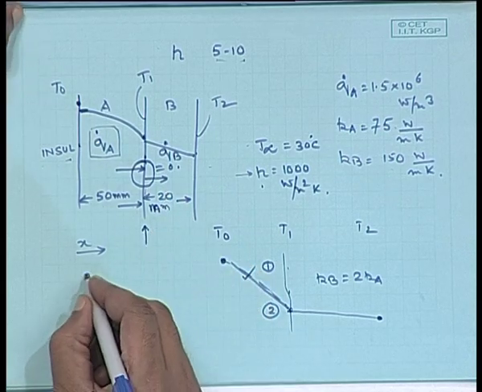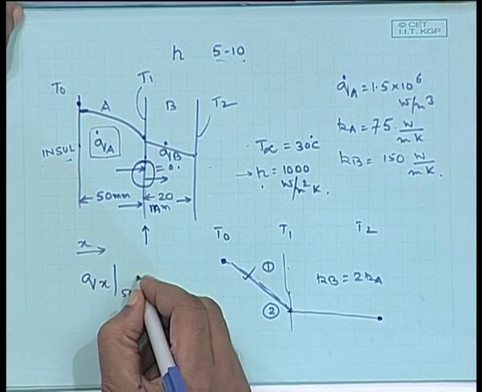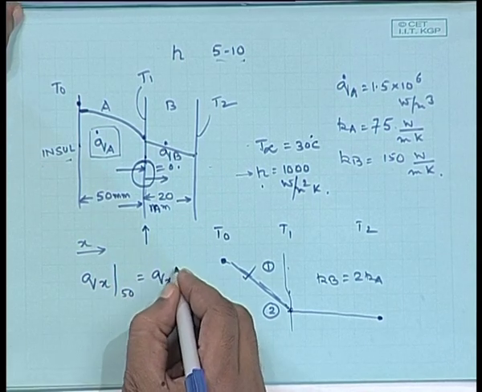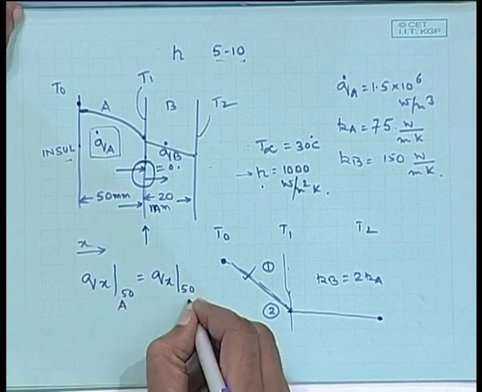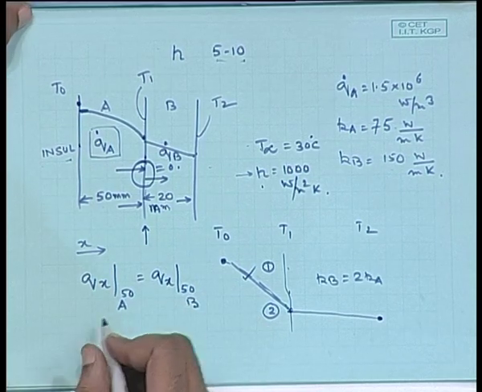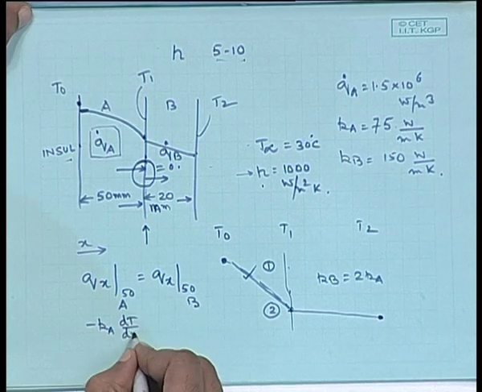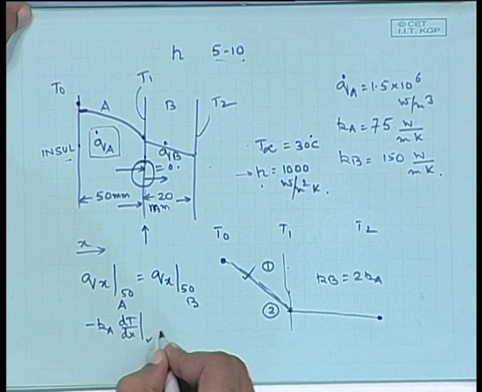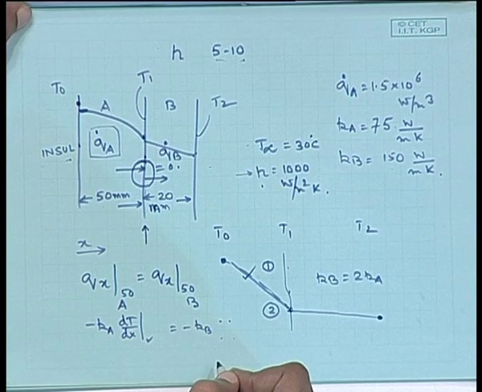So, what he is saying is q_x at 50 mm should be equal, I mean at this point, through A and through B. If I express it mathematically, minus k_A dT/dx within A at this location should be equal to minus k_B dT/dx at the other location.